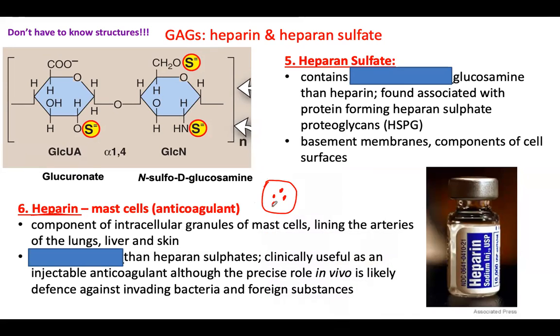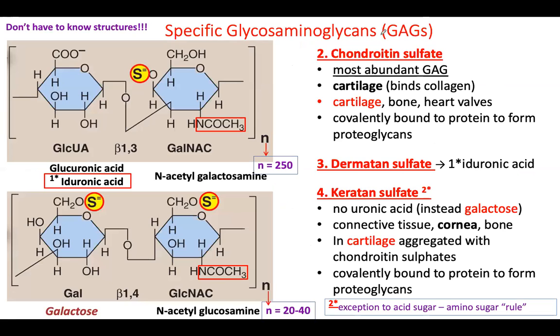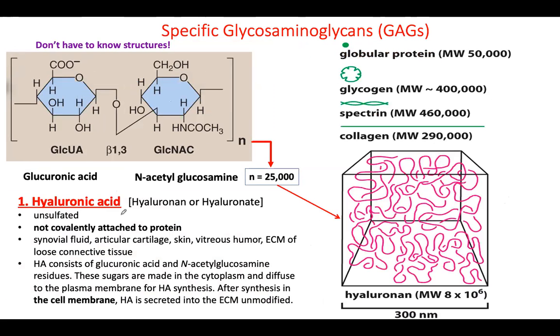So heparin is a component of the GAGs? No, heparin is a GAG. Heparin is a GAG. We're just specifying the type of GAGs. Exactly. Heparin sulfate, chondroitin sulfate, dermatan sulfate, all of these are different types of GAGs. Hyaluronic acid is a different type of GAG as well.